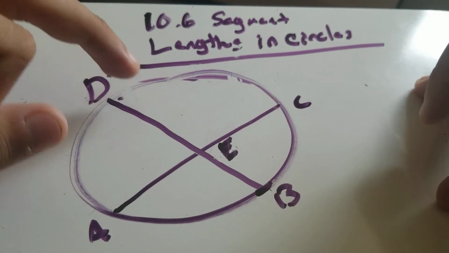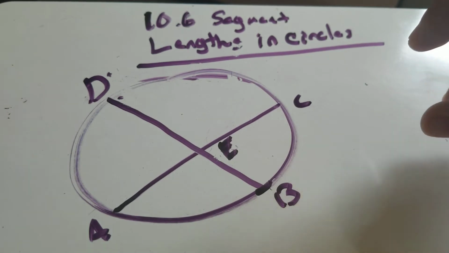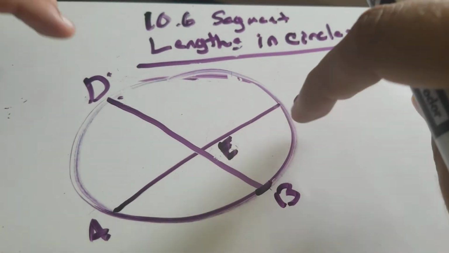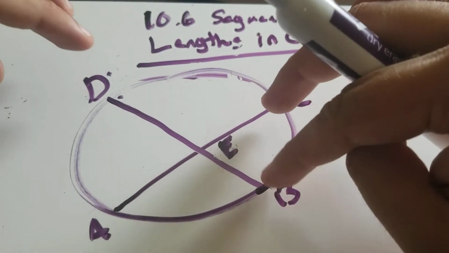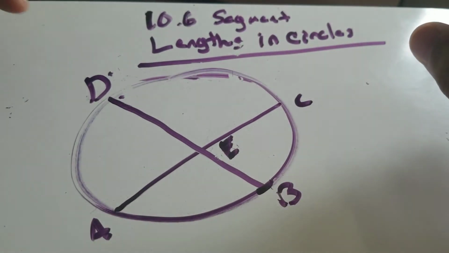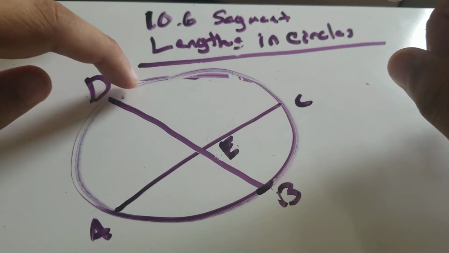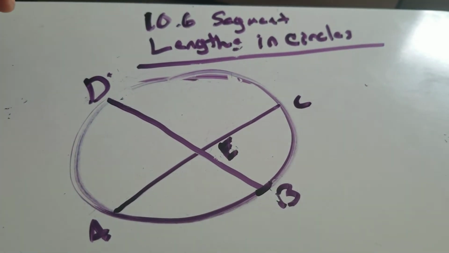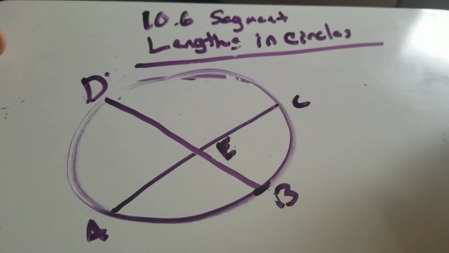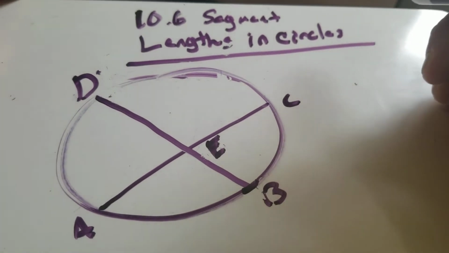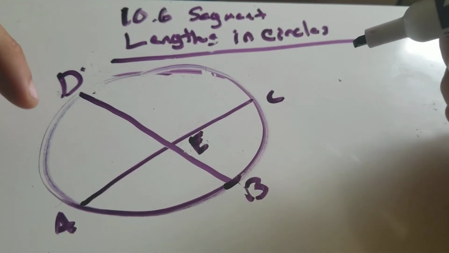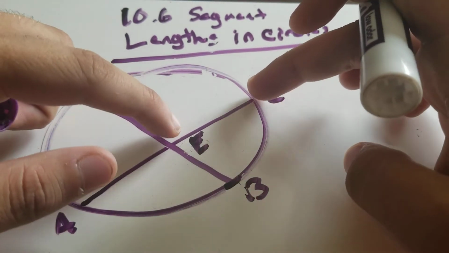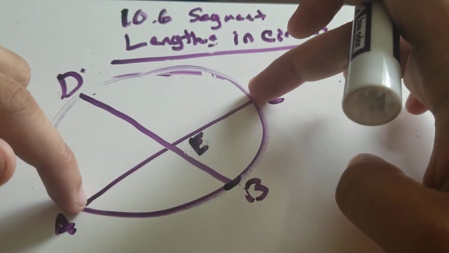So the first rule is that when two chords intersect, its pieces are going to be proportional. And that's a theorem. It's called the segment lengths of chords theorem, I believe. I could spend time proving it, but I think it'd be easier just to tell you what the equation is. The equation is the product of these two pieces of the same line.